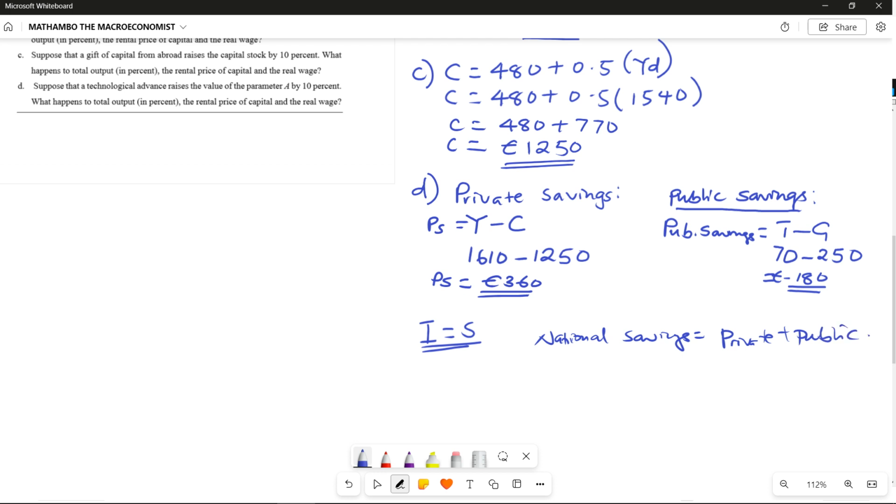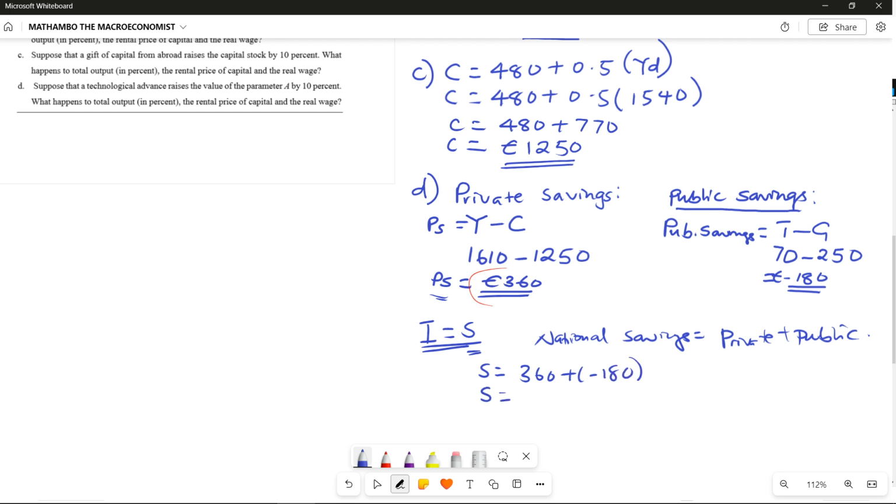Remember we calculated the value for private savings, which is 360, this one over here. Therefore to get the value of national savings, we'll just add the 360 plus the negative 180 for public.